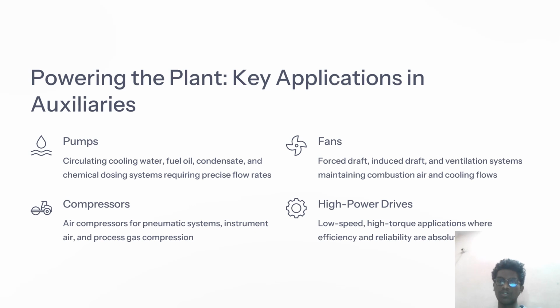To burn the coal, forced draft fans are used, and induced draft fans are used to exhaust the gases from the boiler, and ventilation systems maintain combustion air and cooling flows. Compressors: air compressors for pneumatic systems, instrument air and process gas compression. High power drives: low speed, high torque applications where efficiency and reliability are absolute.